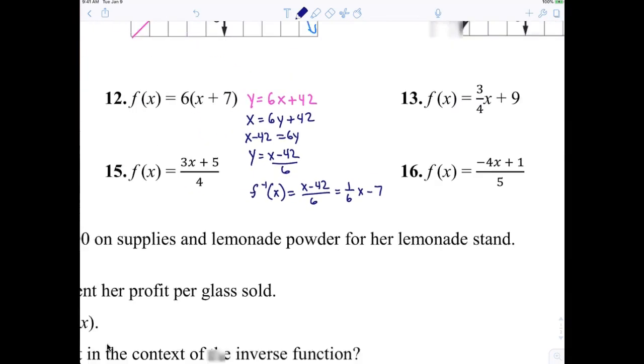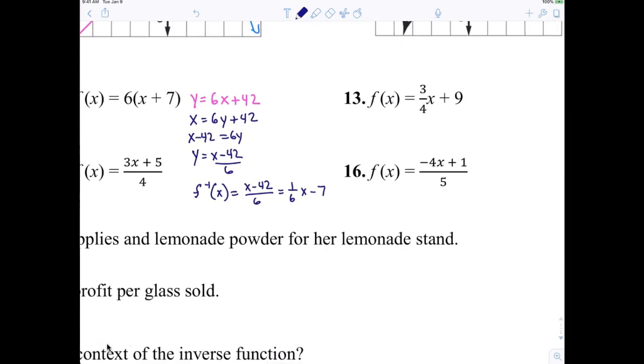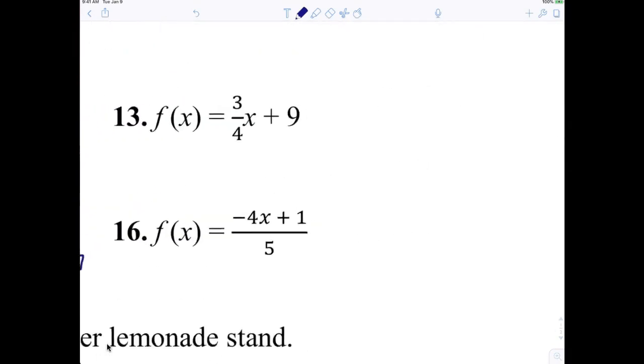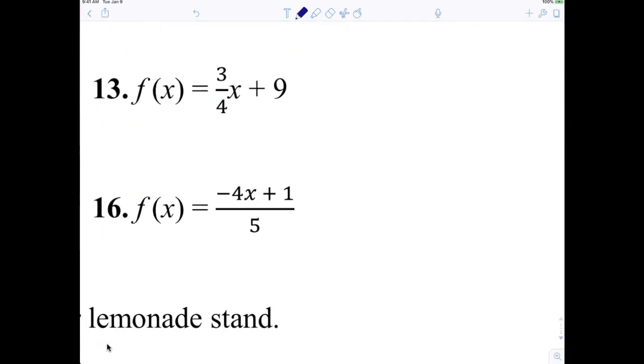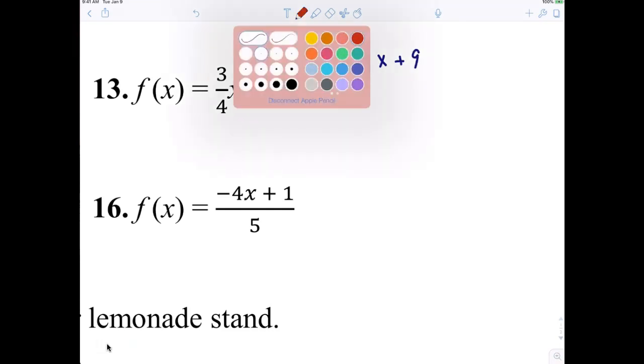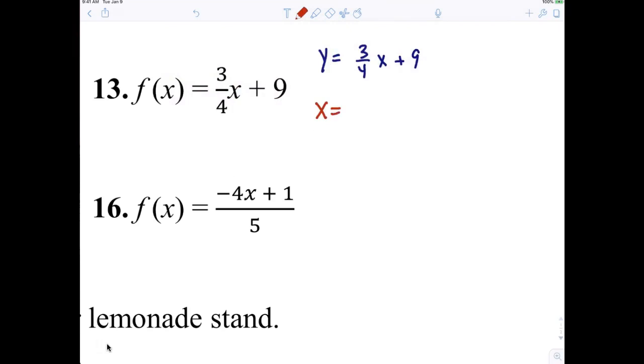All right, let's just do one more. 13. So again, we could say y equals 3/4 x plus 9. So now x equals 3/4 y plus 9. So x minus 9 equals 3/4 y.